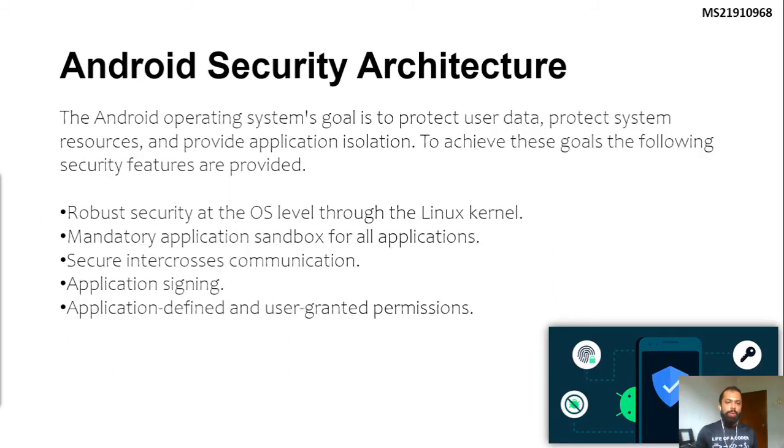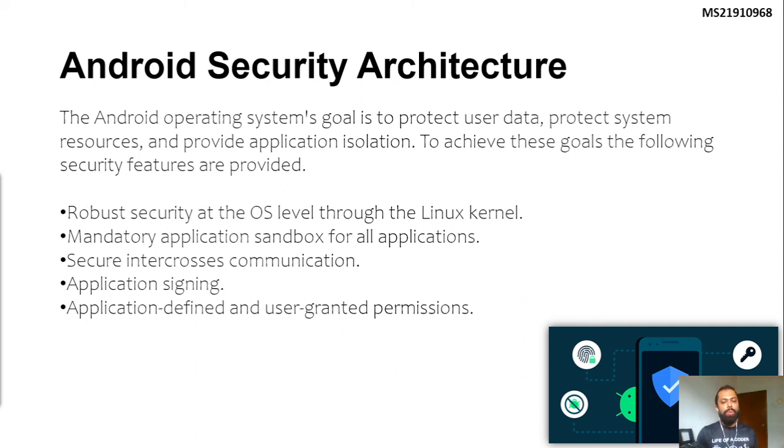In this section, I am going to talk about the security architecture of Android. Android is a very versatile and customizable OS because it has many applications, but have you ever wondered how your personal information is protected by this OS itself? The Android operating system's goal is to protect user data, protect system resources, and provide application isolation.